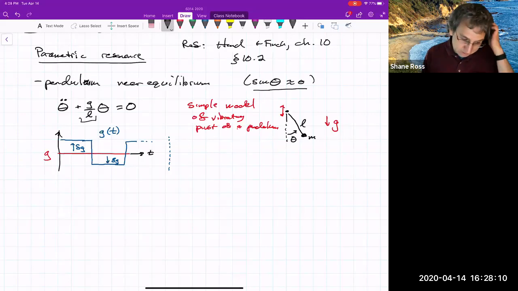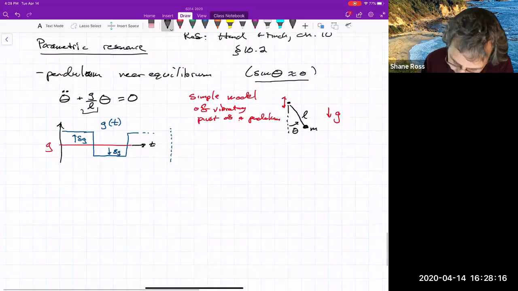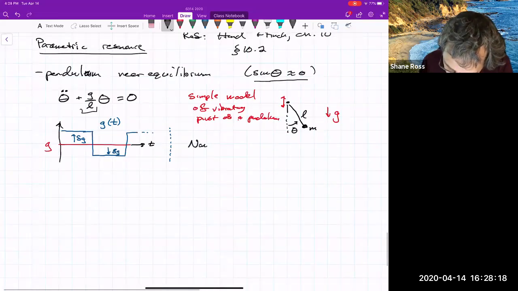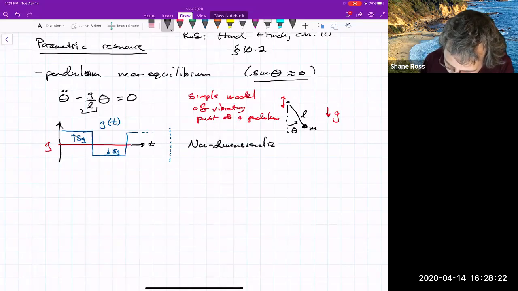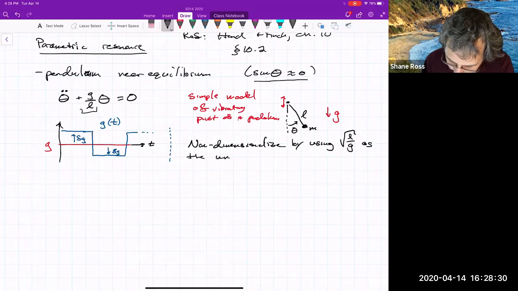So we will non-dimensionalize by using square root of L over G as the unit of time.